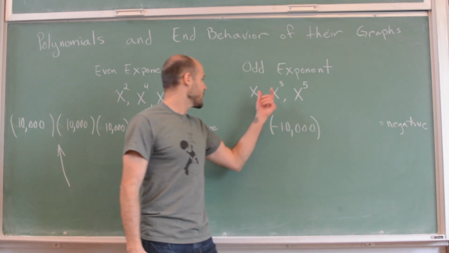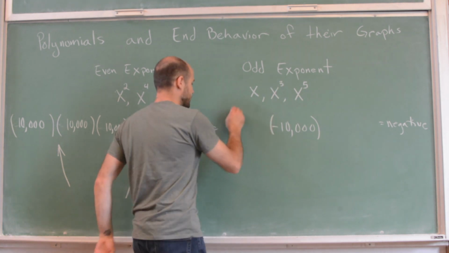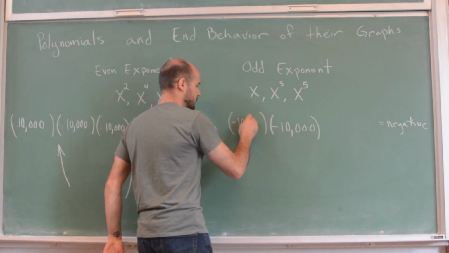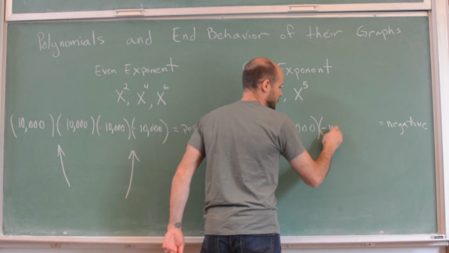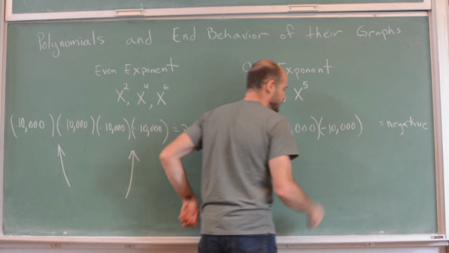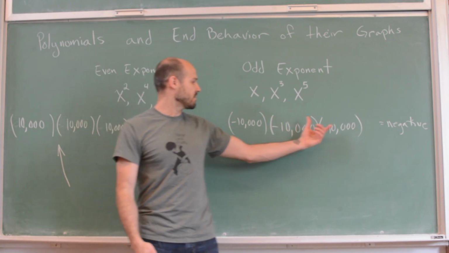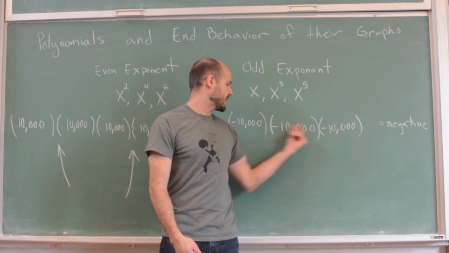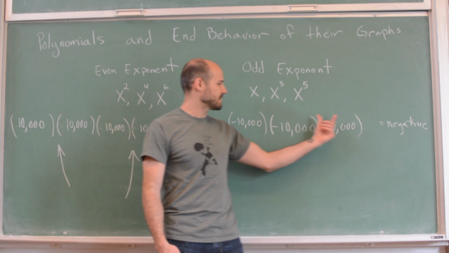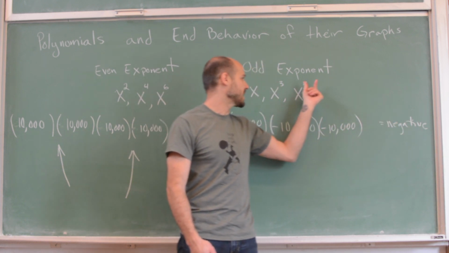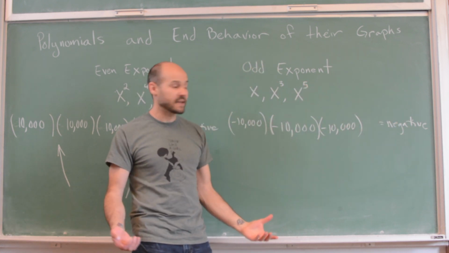If we plug in 3 negative values, we still get a negative value because we have an odd number of x factors that are negative. So negative times negative times negative is a negative. If we plug in 5, we'll still get negative.